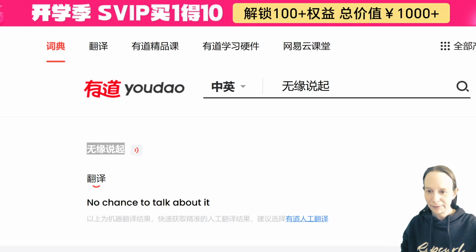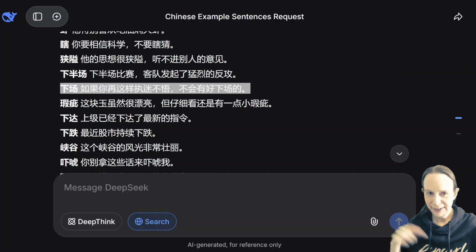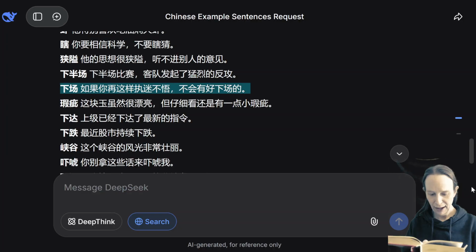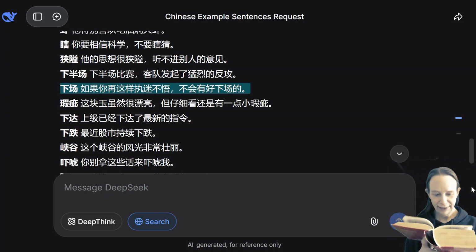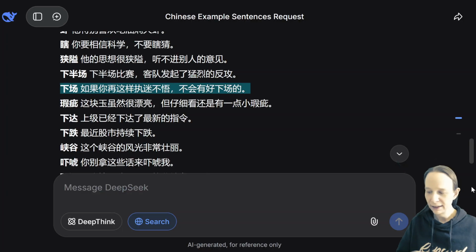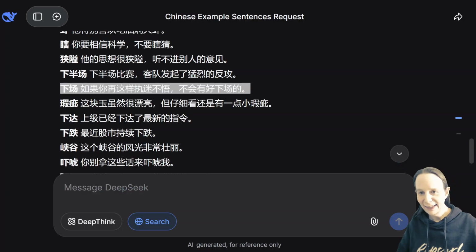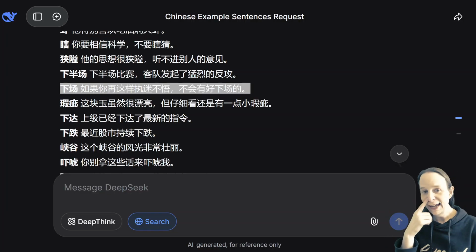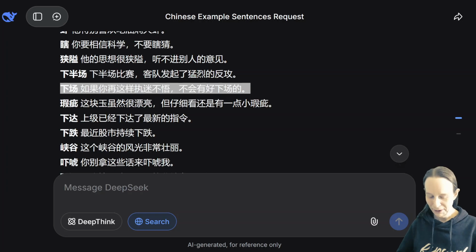Yeah, okay. So the dictionary for 下场 has two definitions. I'll give them a read. 下场. The first one is a verb. 演员或运动员退场. So it's an actor or a sports person who is getting off the field or the stage or something. All right, so that's the obvious thing.